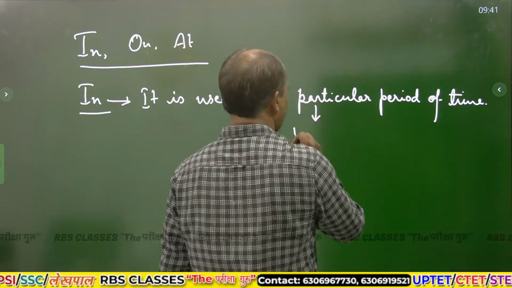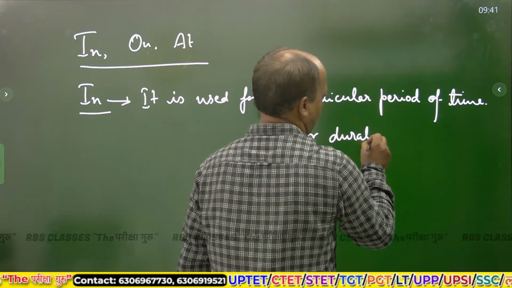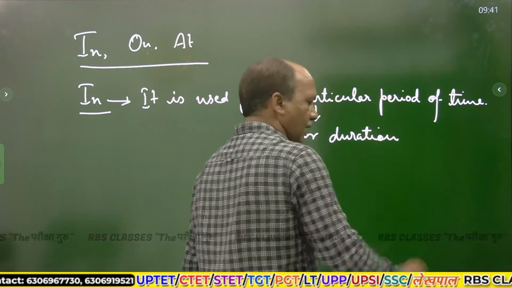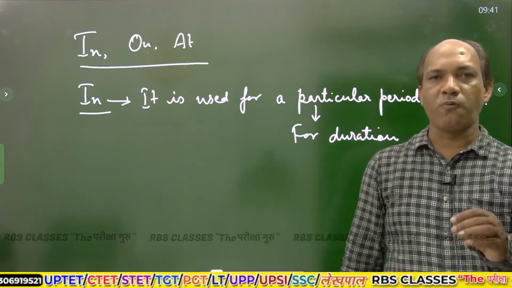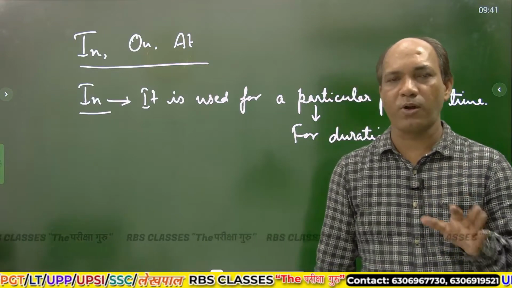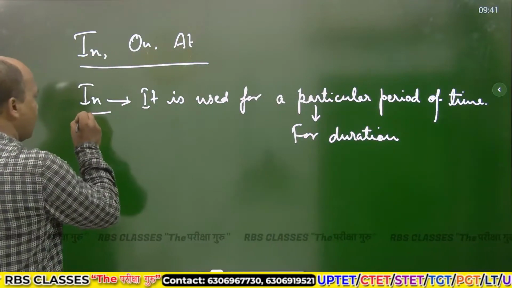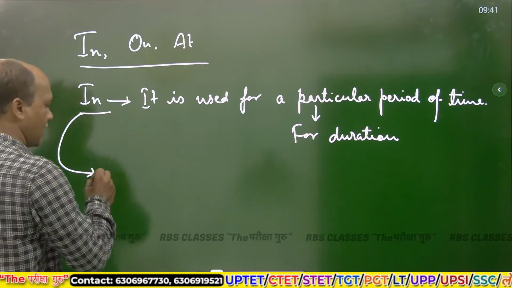For duration, ऐसे समझ लीजिए, for duration. It is not used for a particular moment or it is not used for a point of time. Point of time के लिए यूज नहीं किया जा सकता है. इनका जो यूज होता है वो किसके किसके साथ होता है, यहां देख लीजिए आप.